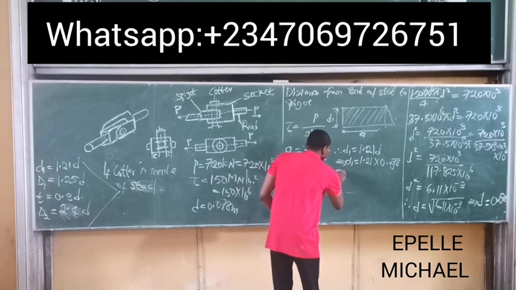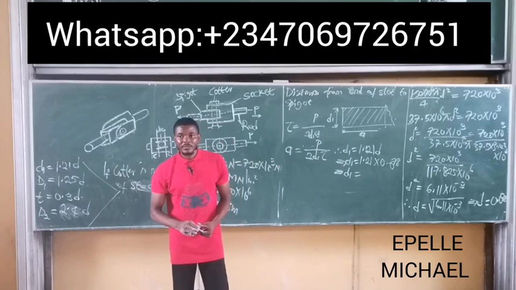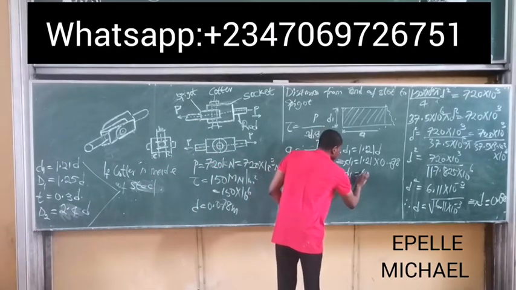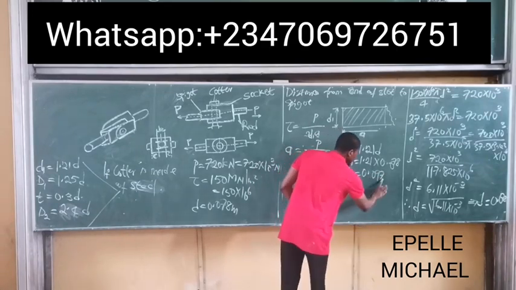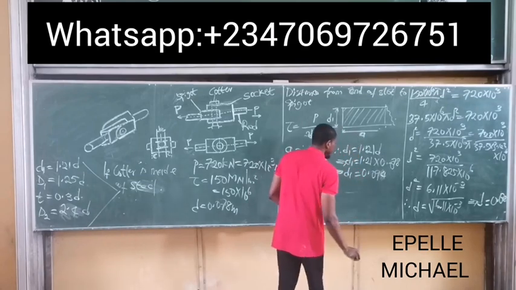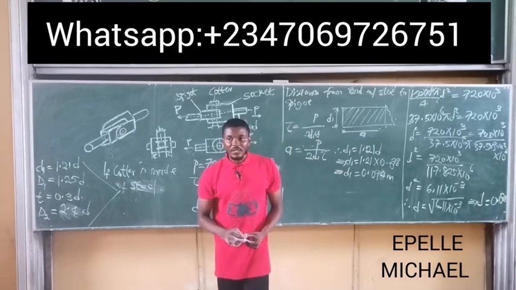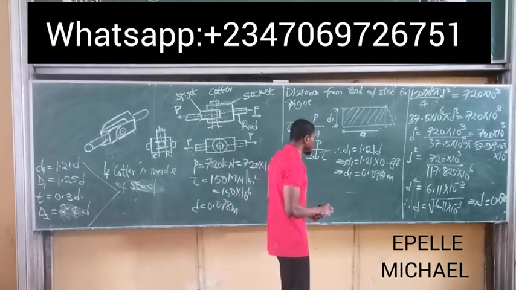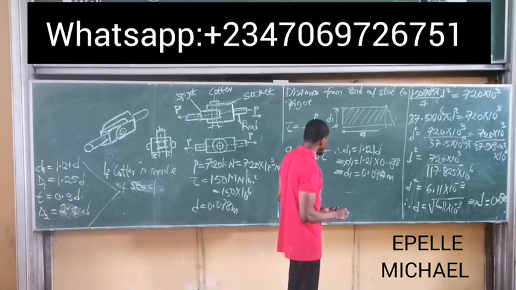So this implies that D1 is equal to 0.094 meters.